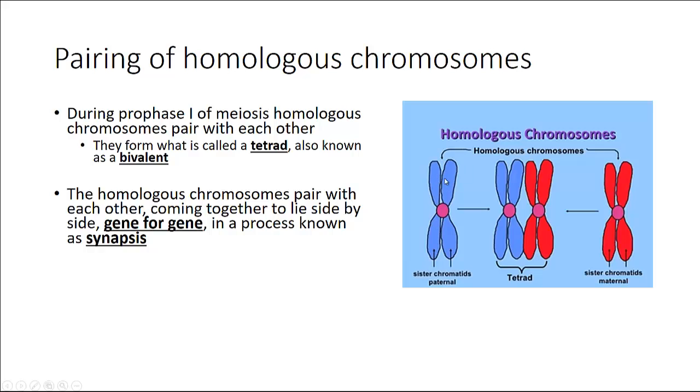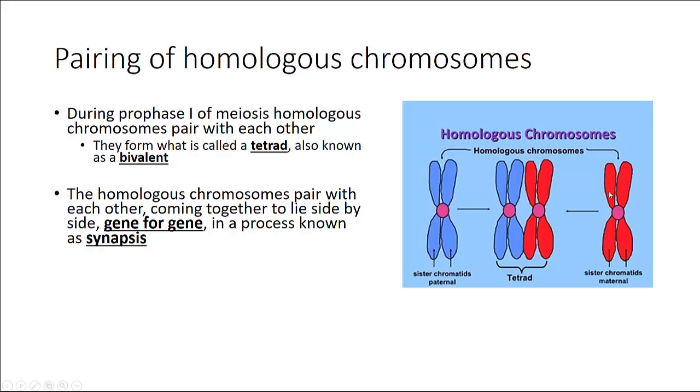And we've got the duplicated chromosomes, so we have 2 copies now after duplication. So we've got 2 sister chromatids here and 2 sister chromatids here, and these are the homologous chromosomes that are the 2 sets from each parent. So the blue might be the chromosomes from your dad, and the red, the chromosomes from your mom, and they've both been duplicated, so we have 2 sets of each now.